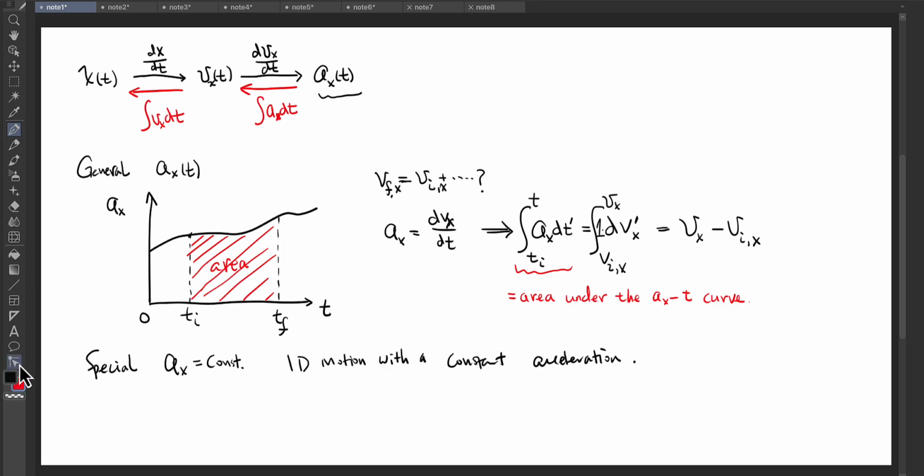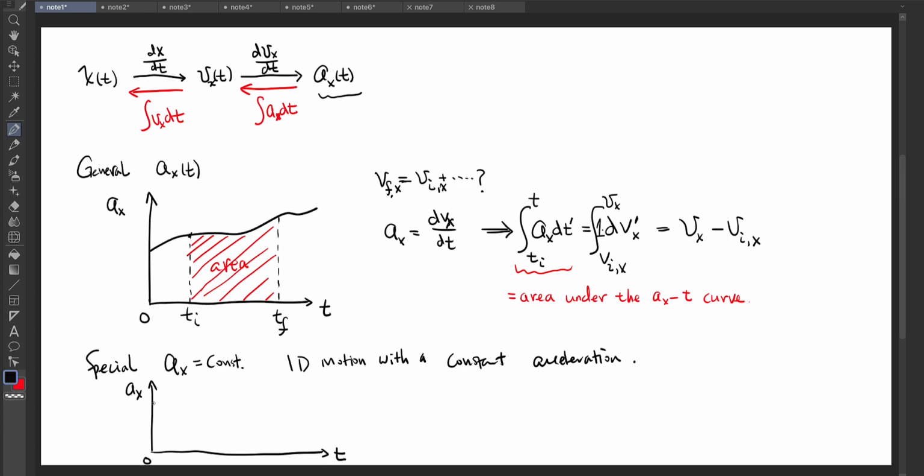Okay, so now let's transition to the special case where we have a constant ax. By constant I mean it does not change with time. So reflected in the axt diagram, let's draw a similar one.